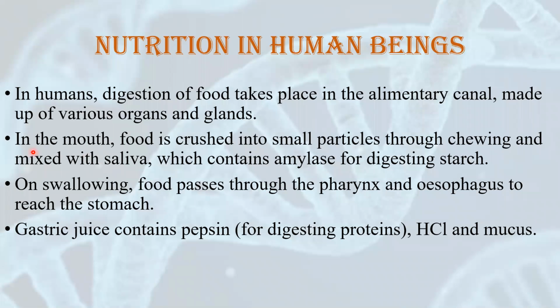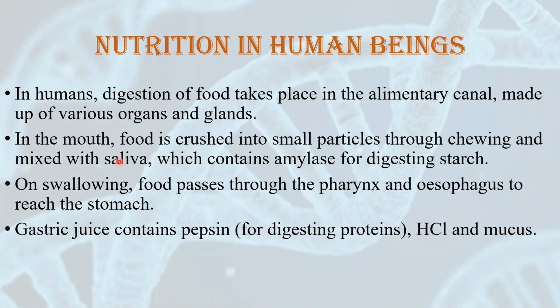First of all, when we take in the food, we take it in the mouth. So what happens in the mouth? Food is crushed into smaller particles by chewing with the help of teeth, and the food is mixed in the mouth with the help of the tongue. Along with this, the salivary glands release saliva, so the food is mixed with saliva.